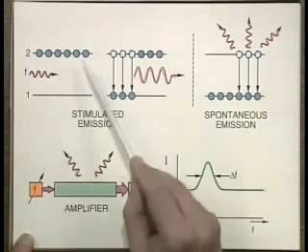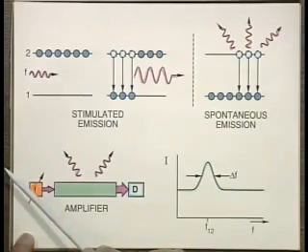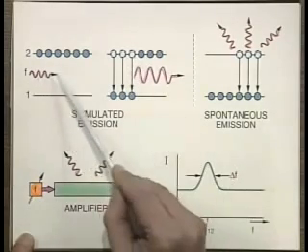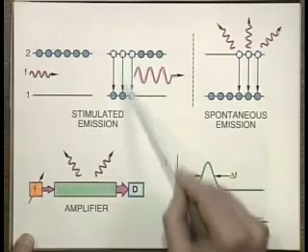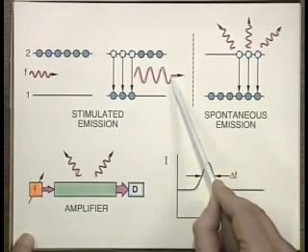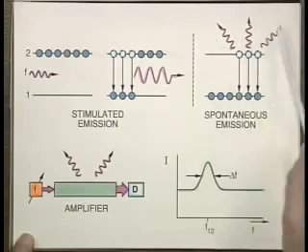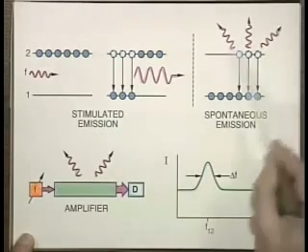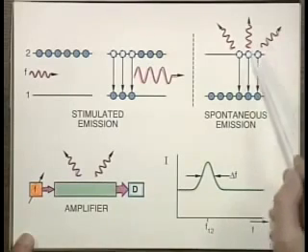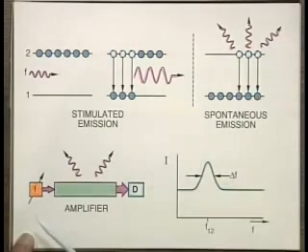That's bad news, because there's no more amplification. When the light comes in, it will interact with atoms and bring them down, and the light will be amplified. But some of the other atoms will also spontaneously decay and emit radiation in all directions. This is no good to you, because this light is lost and not available for amplification.